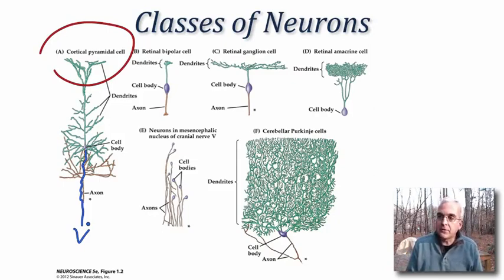So projection neurons are called that because they grow axons that project outward, away from the cell body, over a considerable distance. And these cells often are excitatory, meaning that they have an excitatory effect on their synaptic partners. They make their synaptic partners more likely to generate their own electrical signals.